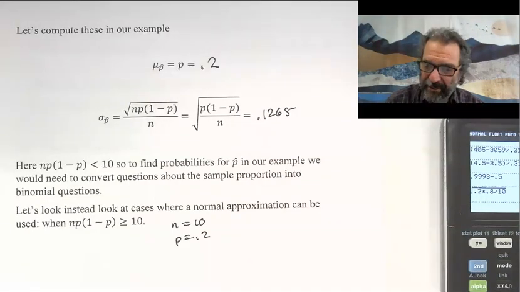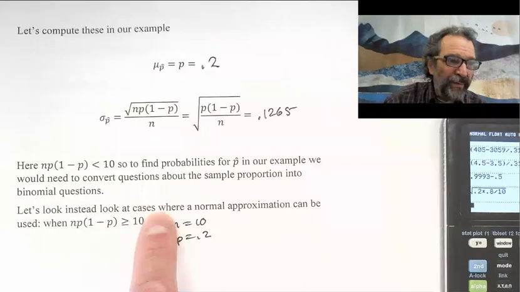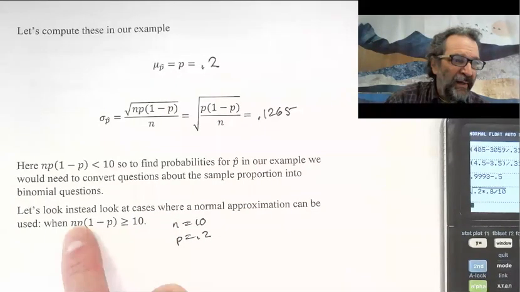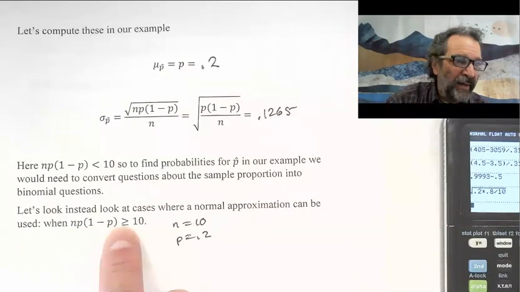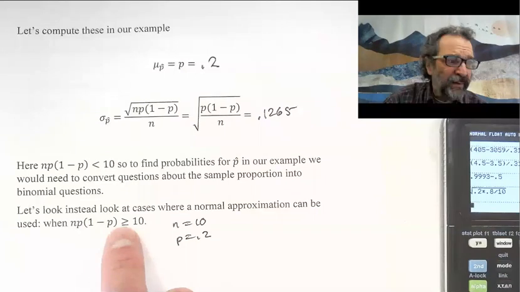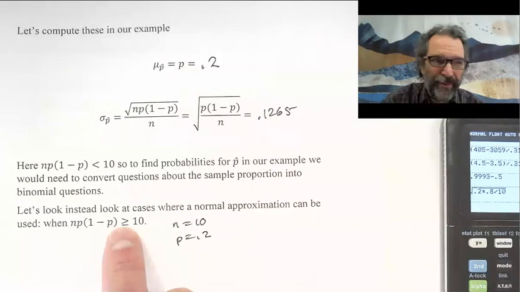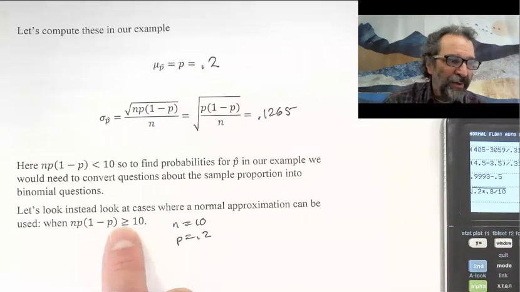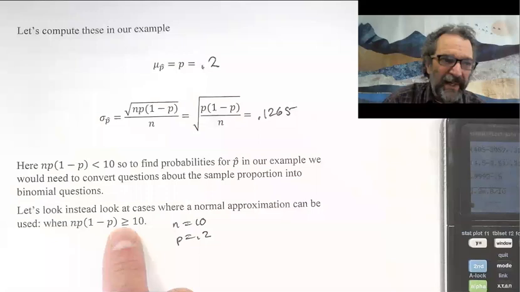So let's look at cases where a normal approximation can be used. That is when NP(1 minus P) is at least 10. And we'll see how you can use the normal distribution to talk about the sampling distribution of the sample proportion when the sample size is large enough, and find out that it's normal and we have its mean and standard deviation, so we can do stuff with it, because we'll be needing to do that shortly.